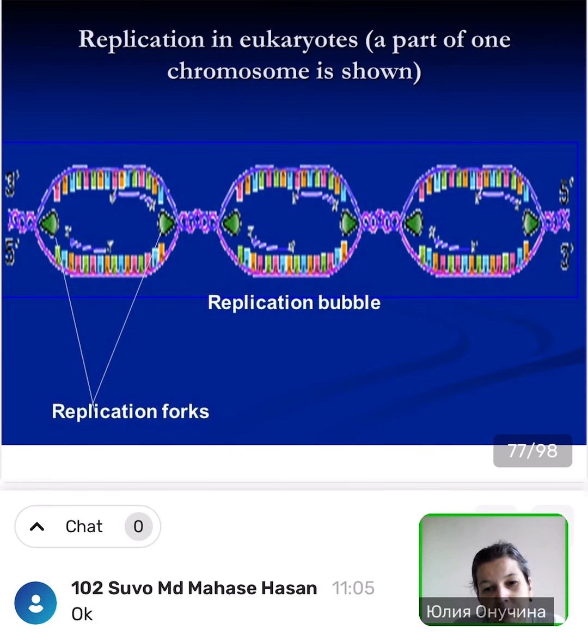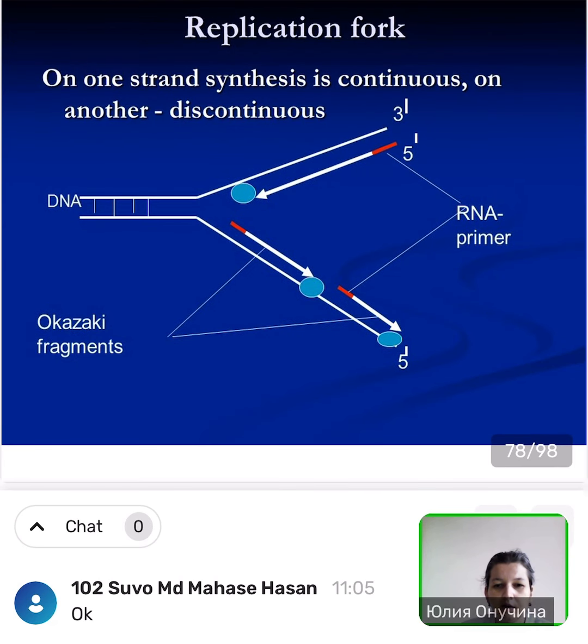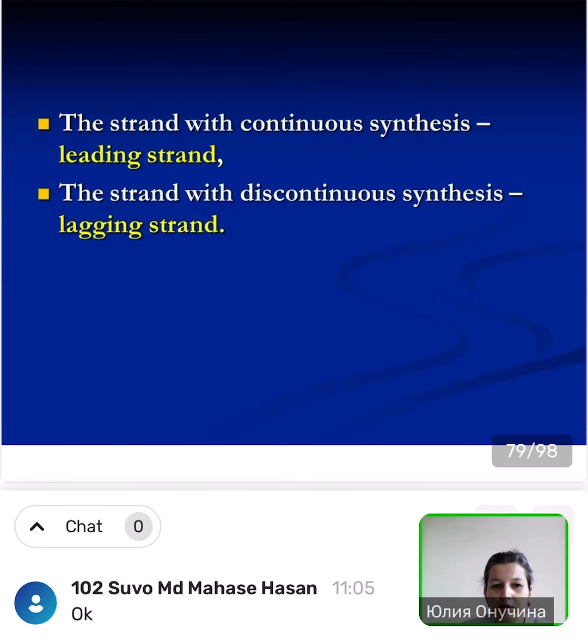So this is a variant of how eukaryotic replicons may look. The place between them will be replicated too, but at another time. You see replication forks and enzymes that create these forks. It will be in another place, I think. Okay, I will find them after.